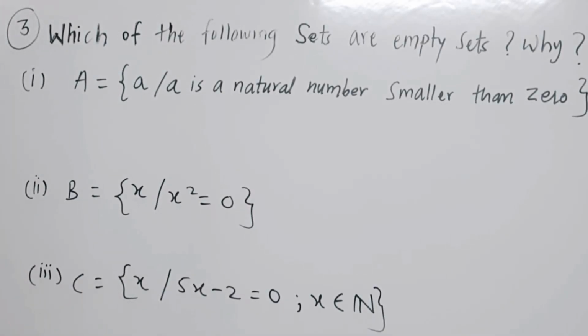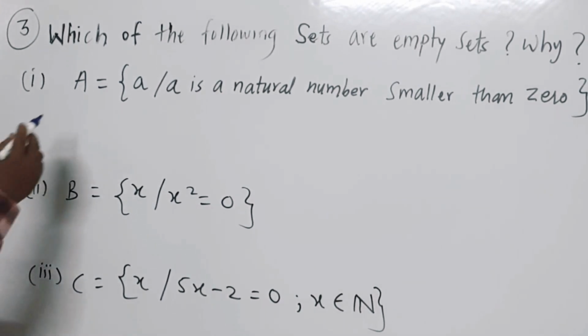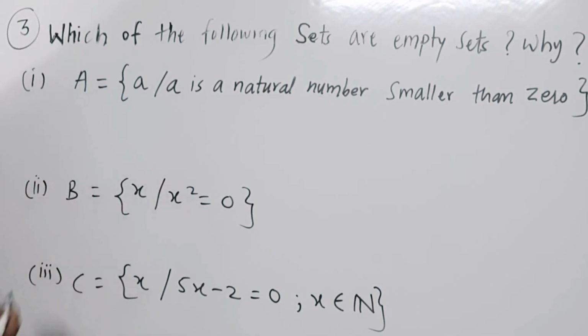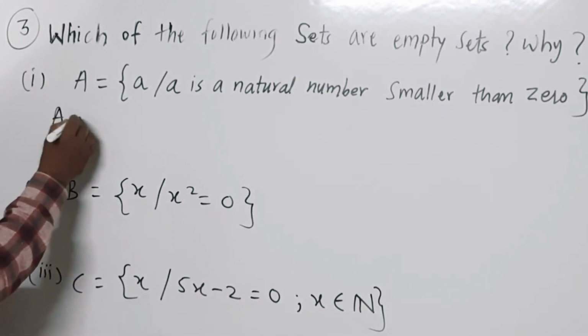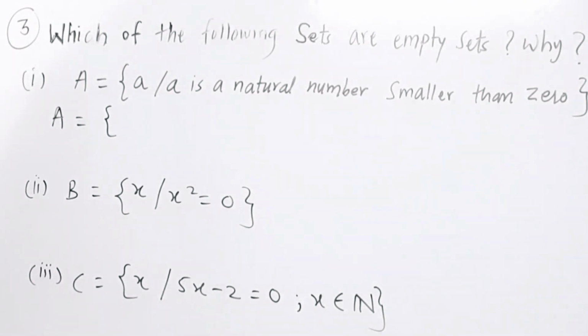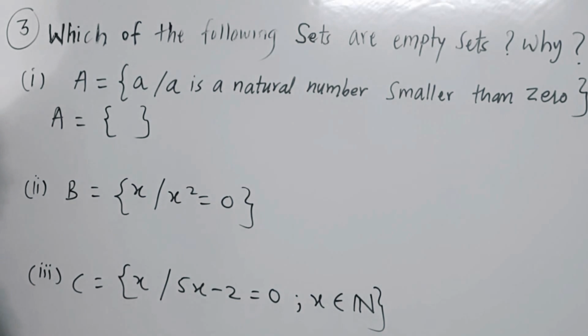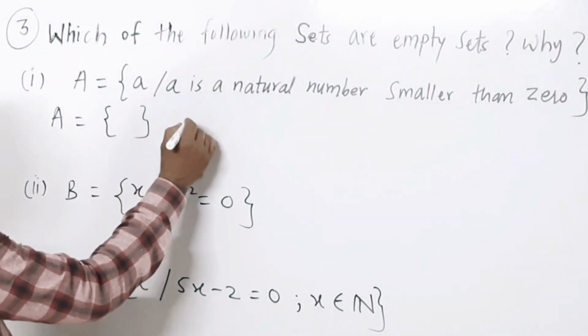Third example, which of the following sets are empty sets and why? So, first one, set A is equal to {A such that A is a natural number smaller than 0}. So, A is equal to the natural numbers smaller than 0. There is no natural number smaller than 0. So, A is an empty set.